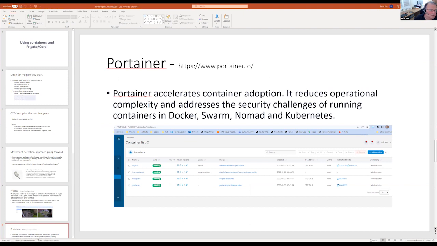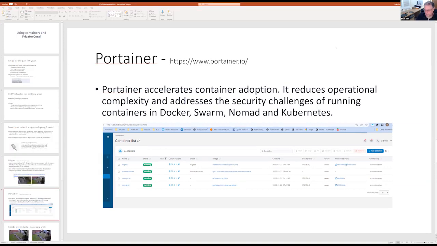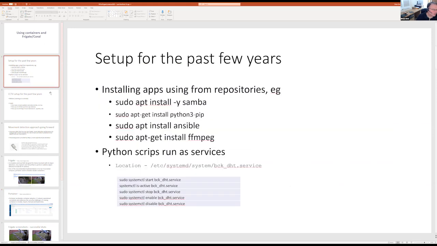Yeah. So if I look at Portainer, for instance, this is one of my Raspberry Pi 4s, and it shows the images which have been pulled down, and then the containers, which are the actual running instances. So the advantage of the container is you don't have to worry about installing specific bits of software like you'd normally do with the apt installs.